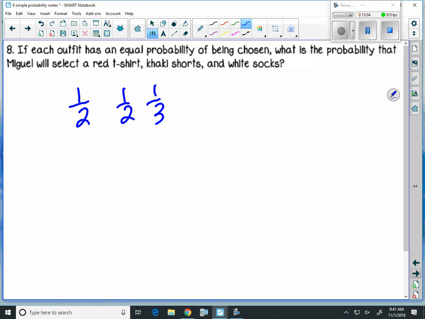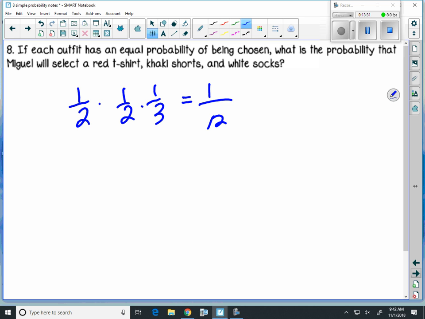Now we just multiply those. It's a lot like the fundamental counting principle, but here you take it one step further and you're given specifics. If we multiply the bottom, we get 12. So he has a 1 out of 12 chance of choosing that exact outfit, because there are a lot of different options.